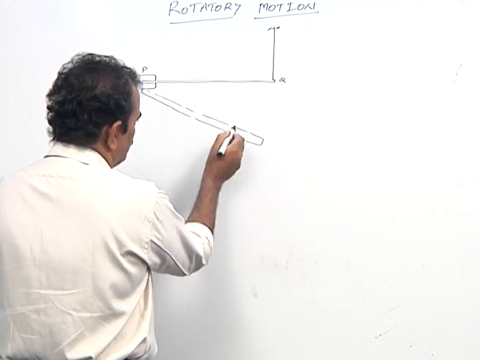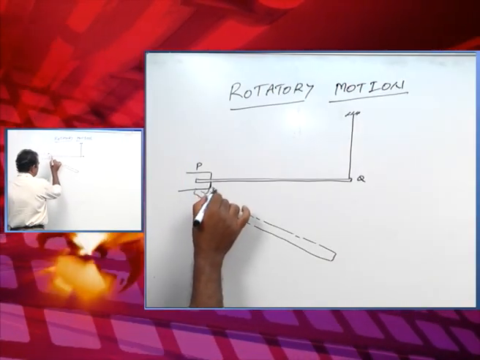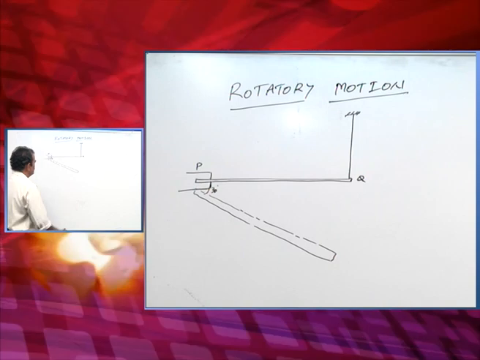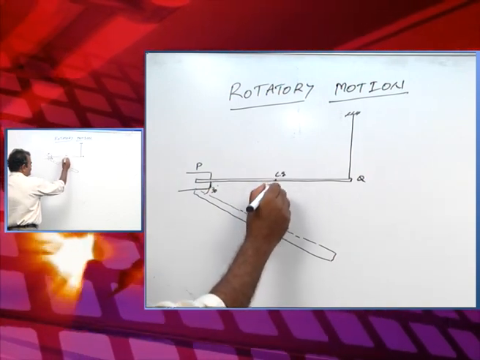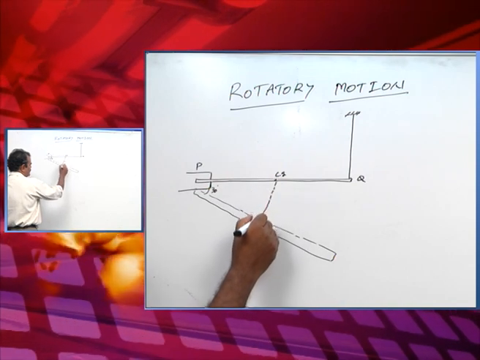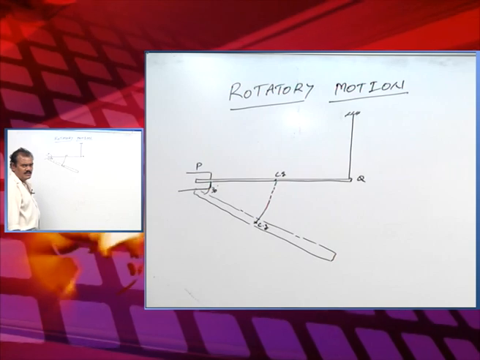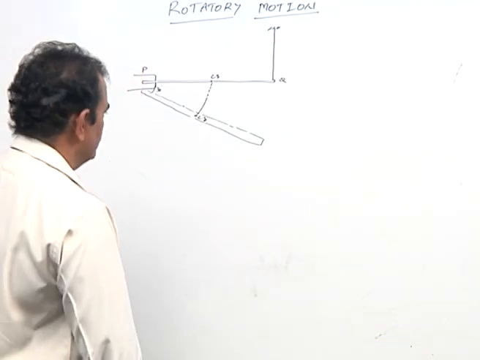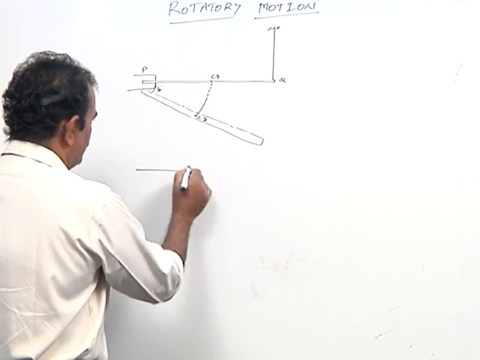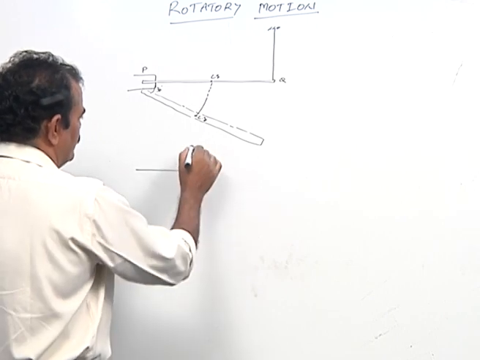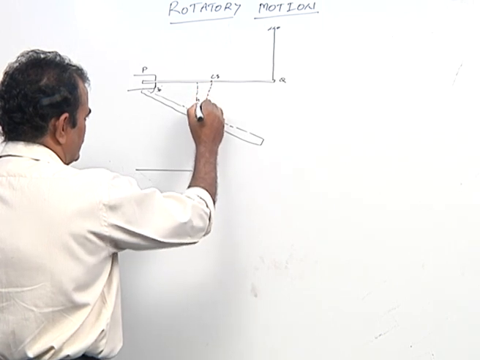At that 30 degrees position, the uniform rod will be like this. This can be taken as 30 degrees here. Now the center of gravity of this rod is here. The center of gravity also rotates like this, and the new position of the center of gravity will be like this. So when you take this separately, it will be like this, and this height can be taken as h.